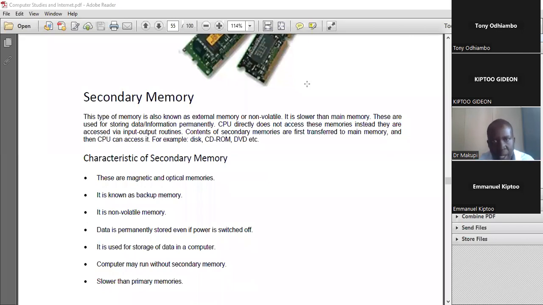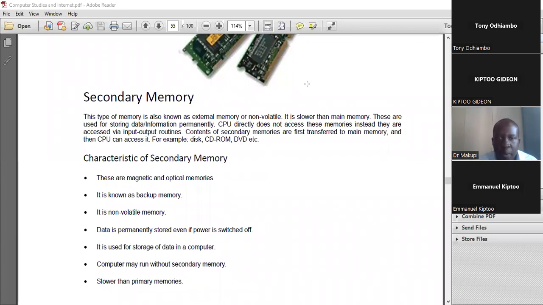Even if power goes off when I'm using a computer, whatever data is stored inside my flash disk will not disappear. Or if power goes off in your phone, whatever is stored in your memory card cannot get lost. We can agree with that because the kind of storage is non-volatile. So it is normally used for storing data and information permanently.